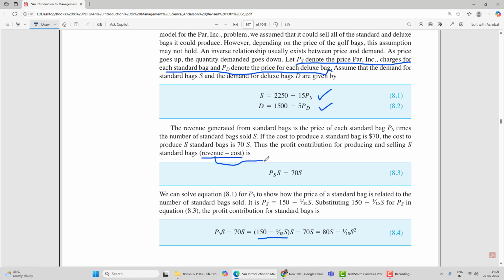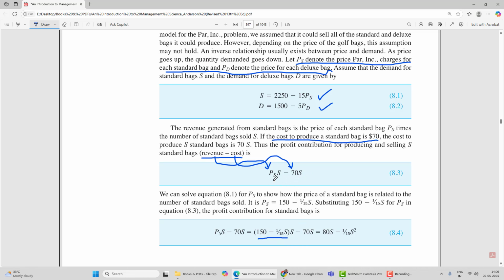S is the quantity I produce. If I sell it at the price PS for each standard bag, PS into S is the revenue, and 70 is the cost to produce a standard bag. That is what they have given us. So 70 times S will be the total cost, and PS times S minus 70S will be my profit generated from standard bags.